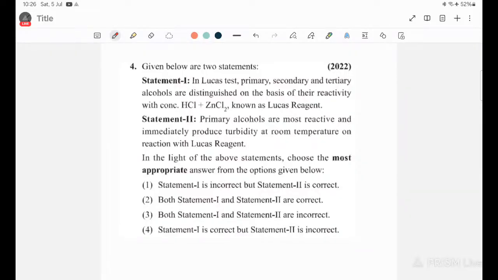Well, now I am giving you the fourth question. This is again a statement based question. There are two statements: statement 1 is like the Lucas test, and statement 2 is a bit different. Okay, someone has answered that option 4 should be correct, but I will check this and go through the conceptual part. But I need other answers too.